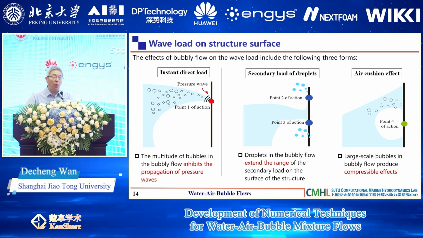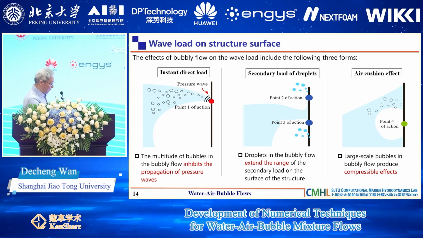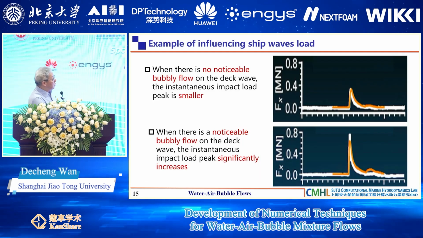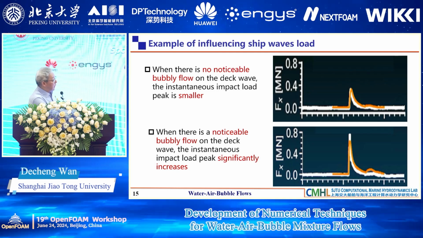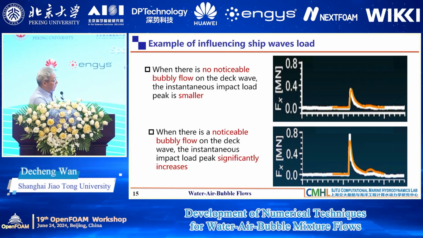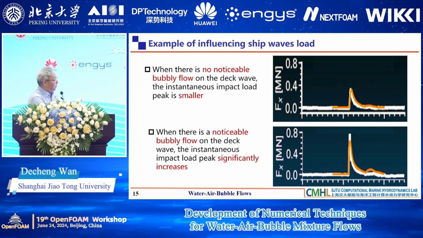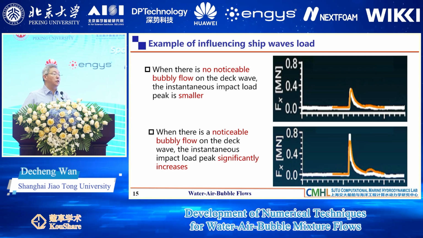So this is pretty important, the complexity of the air bubbles. If you don't take into account this mixture flow, the impact force is something like this. But if you take into account the bubble flow, you can see that this impact force will increase a lot compared to here. So this is very important.